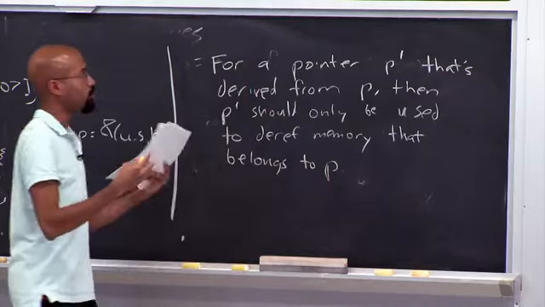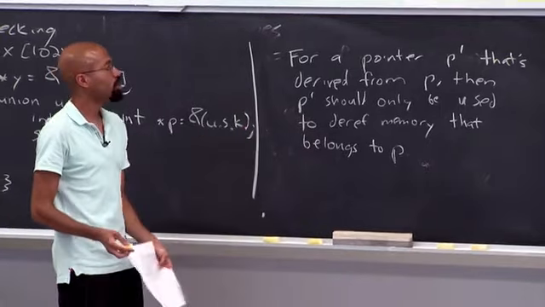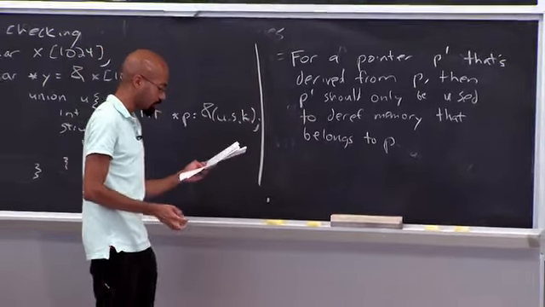Right? So for a derived pointer p' that's derived from some original p, p' should only be used to dereference memory that belongs to p.